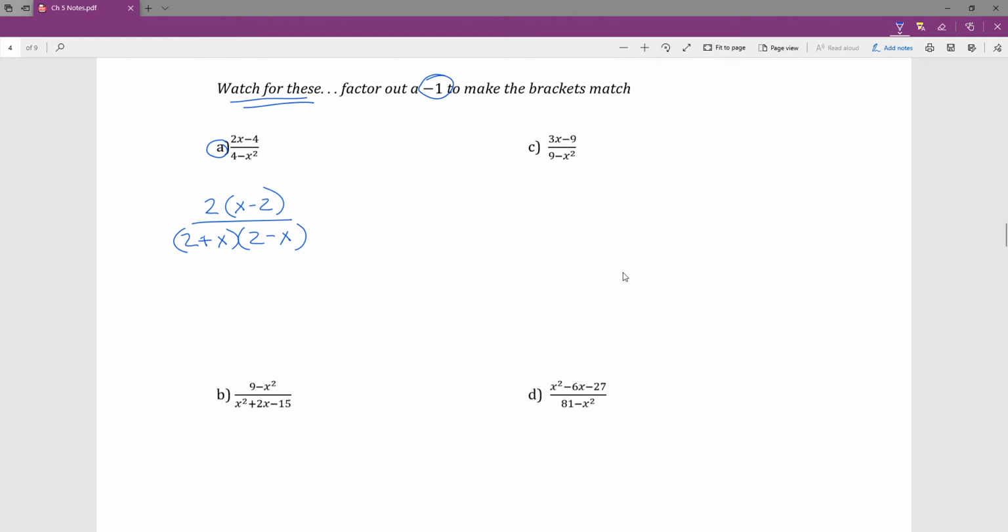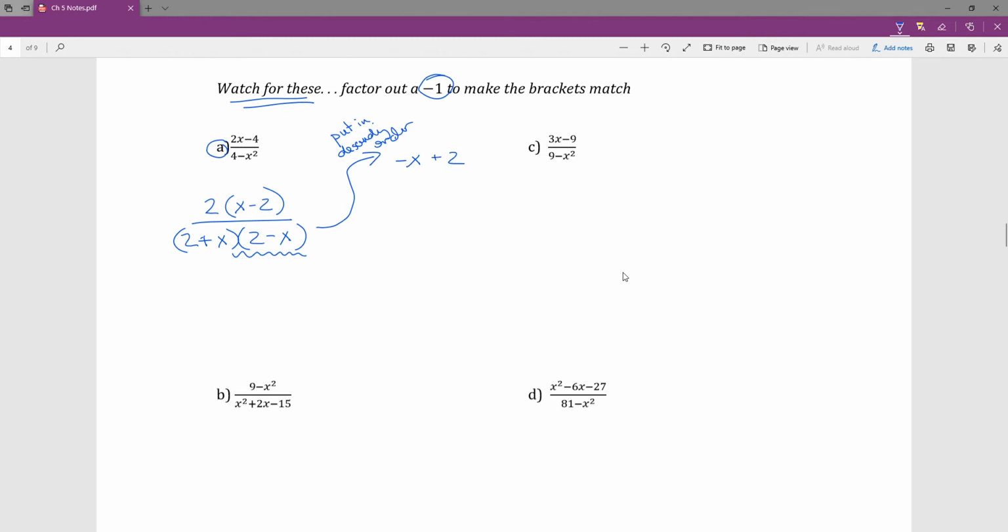So this is what we're going to focus on. And I'm going to do some work over here. Sometimes it's nice to write some notes, so I'm going to put it in descending order. And if I were to do that, I would put the x term first and the whole number at the end.